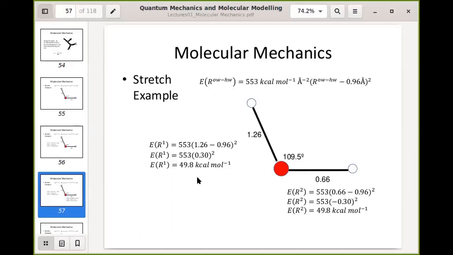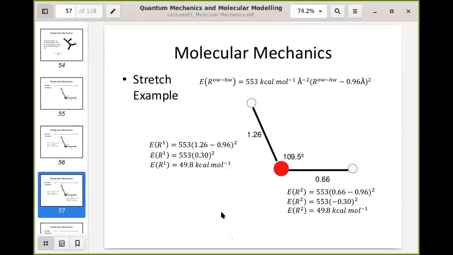And this is an interesting choice of conformation for water, because the stretch in this bond is the same as the compression in this bond, such that the energy, strangely enough for both of them, has turned out to be exactly the same.